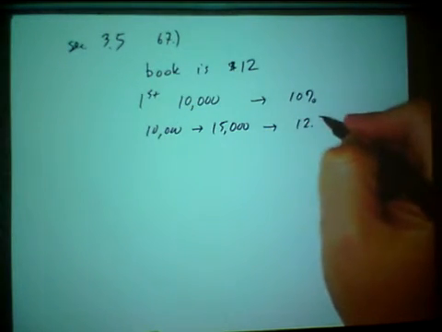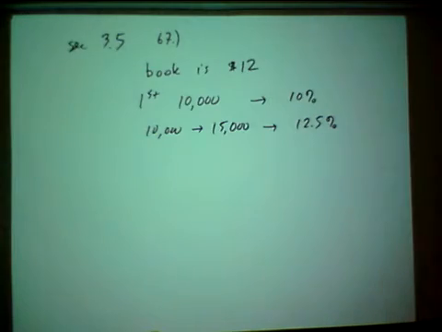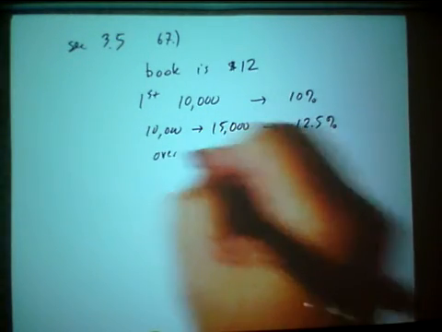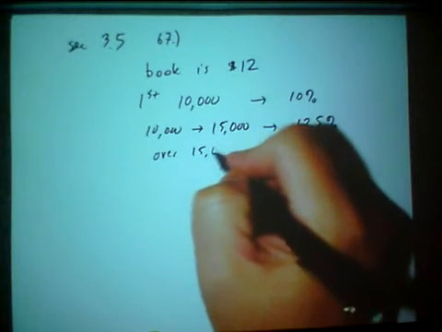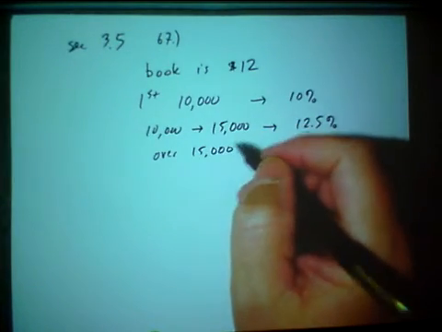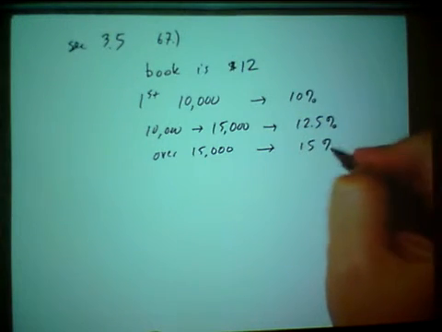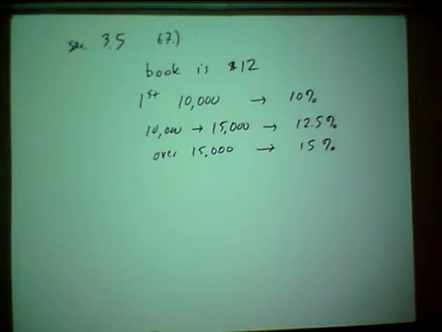It goes up to 12.5%. And then anything sold over 15,000, he even gets a larger percent. He gets 15%. So the idea is the more books he sells, the higher his royalty is.